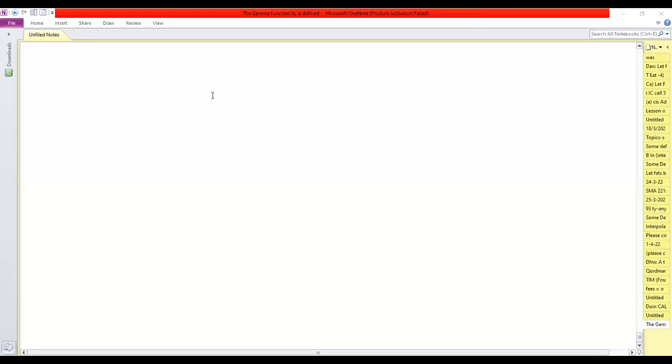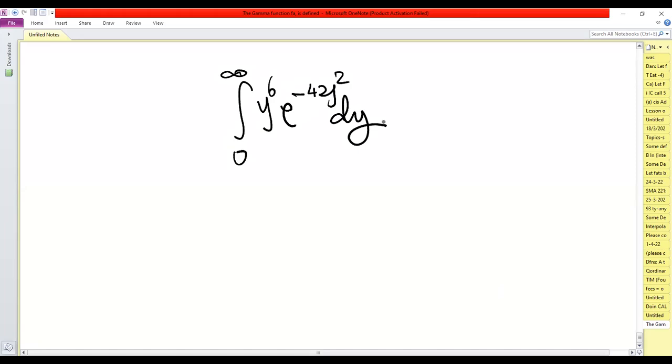Now we have to evaluate the integral from 0 to infinity of y raised to power 6 e raised to power minus 4y squared dy.